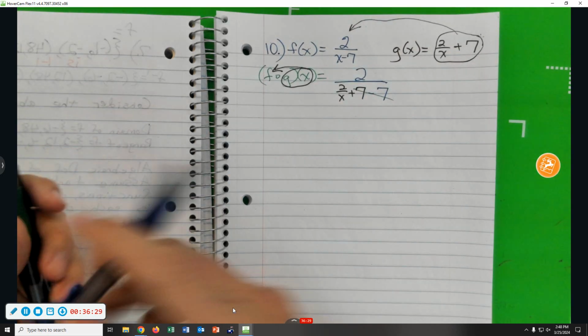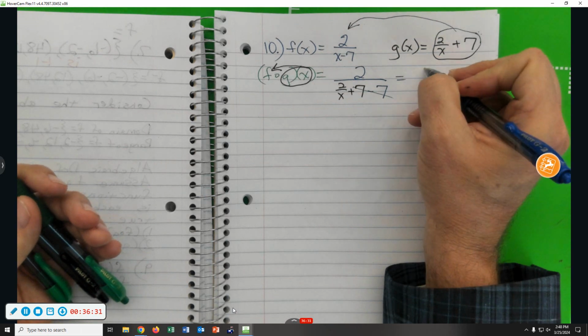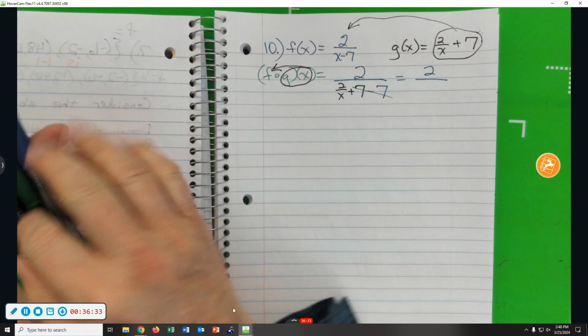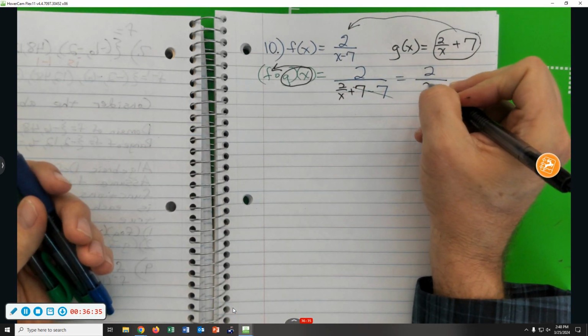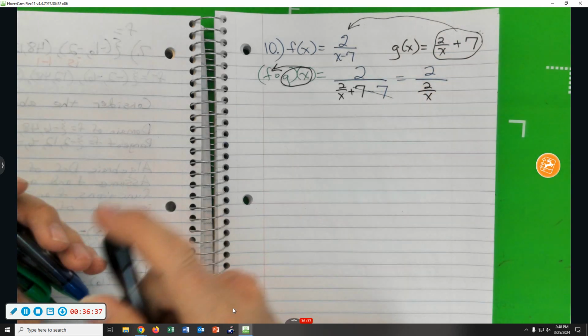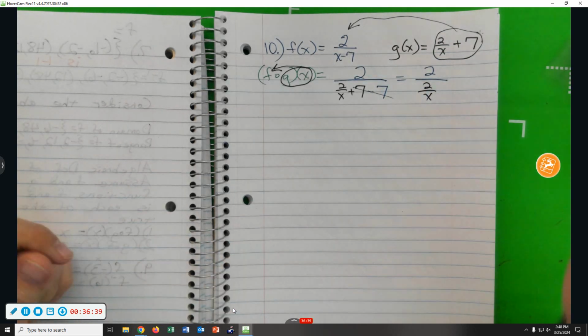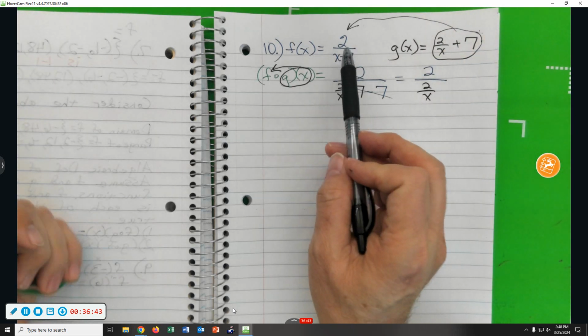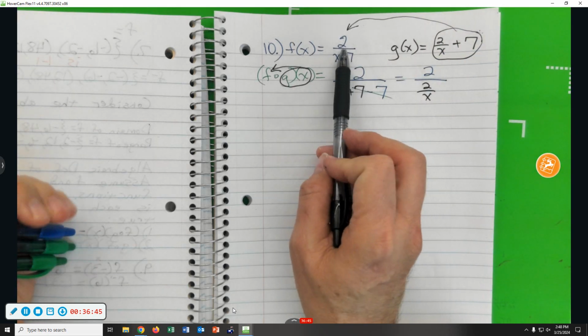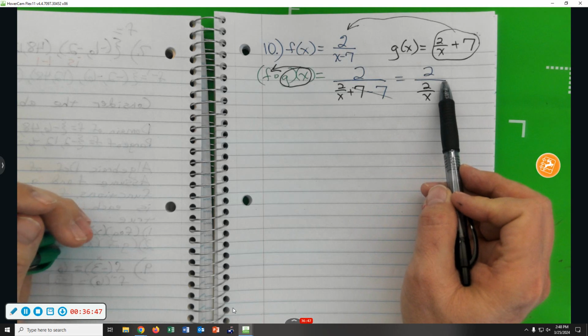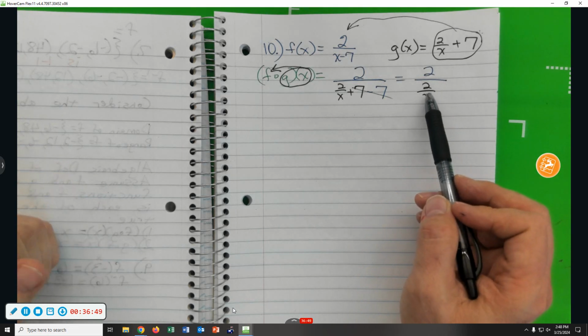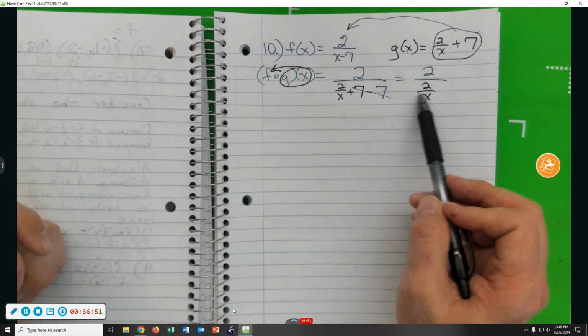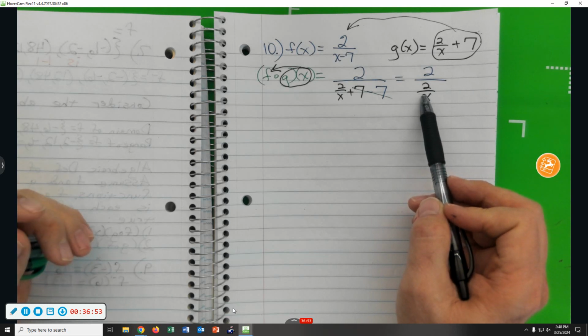So all we have at this point is 2 over X. Some terminology. This blue fraction bar here, the one that you were plugging into, that's the major fraction bar. Any remaining fractions in the problem, those are minor fraction bars.